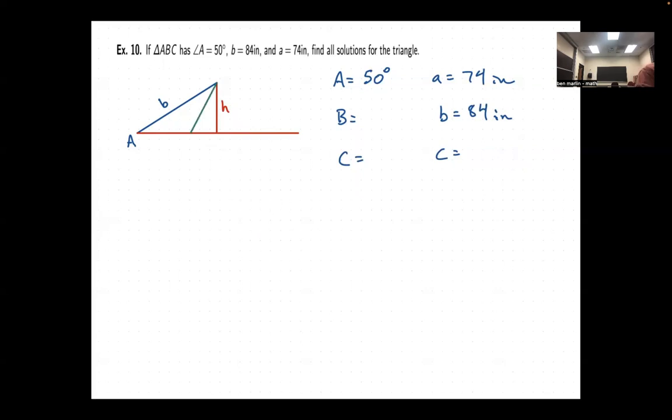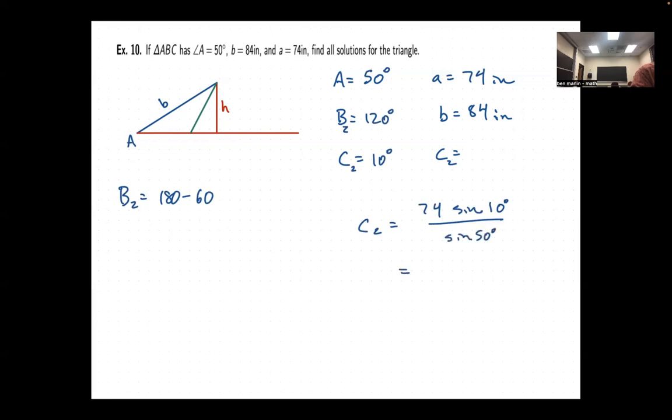Okay, so our B2, you recall, is going to be 180 minus our B1. Our B1 was 60. So we're going to get 120 degrees here. That means we're left with 10 degrees on the C. And now we'll write down that the C2 needs to be 74 sine of 10 degrees divided by sine of 50 degrees.